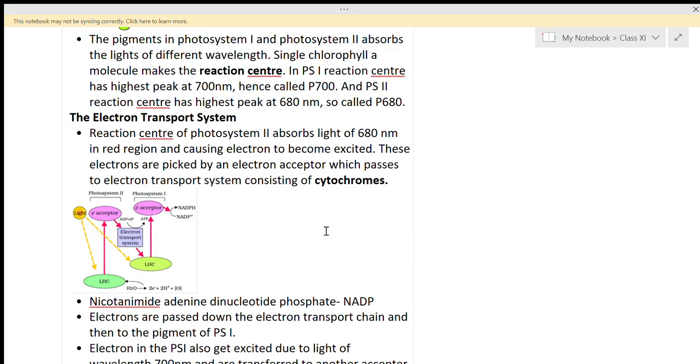As we know, we call it P680 because it absorbs 680 nm wavelength light, and this light is present in the red region. So what happens first of all? You can see in this sketch.